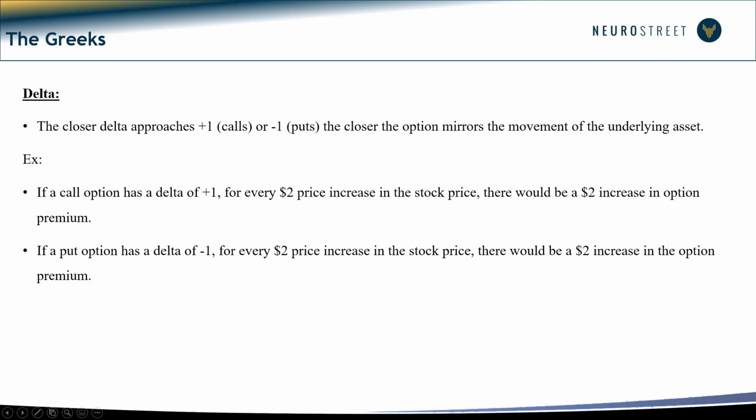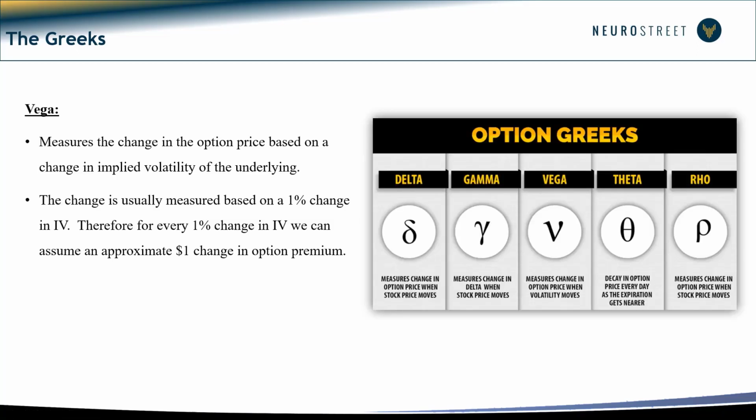Okay, so let's talk a little bit now about the Greeks' Vega. Vega measures the change in the option price based on a change in volatility. Remember, we talked about implied volatility versus historical volatility. Vega has a lot to do with how the option is priced relative to the IV.